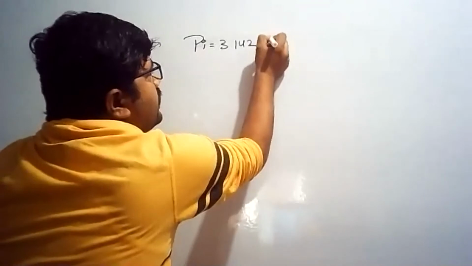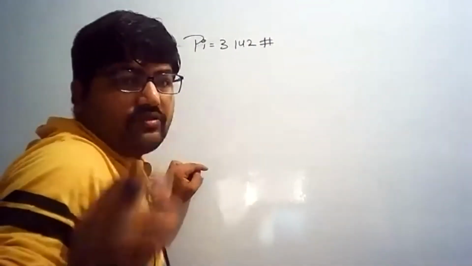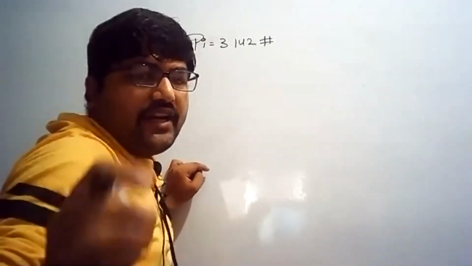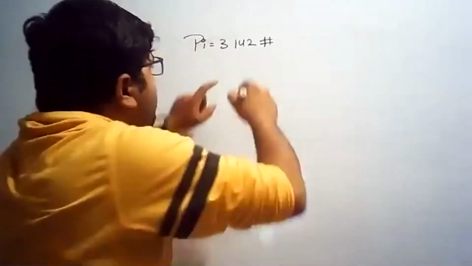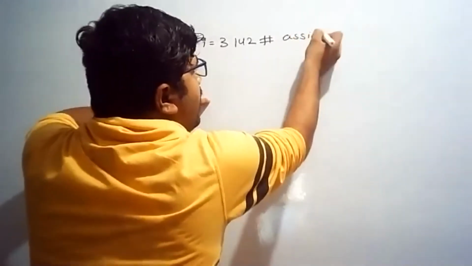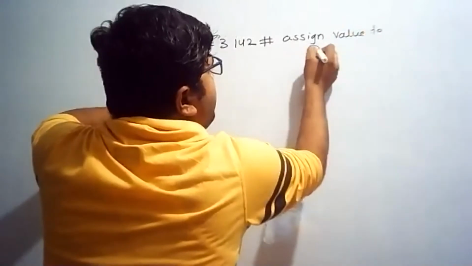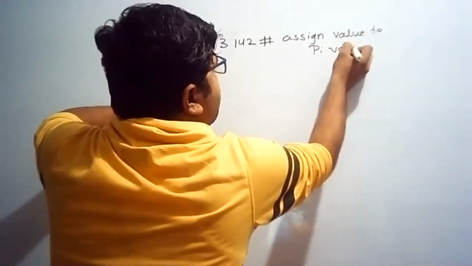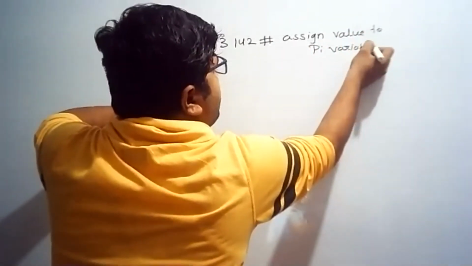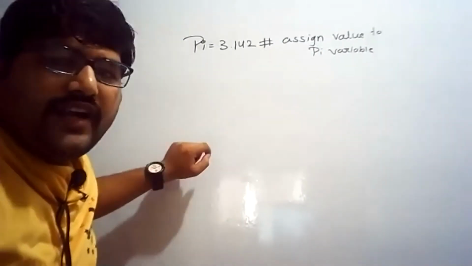Write a comment first. Commenting is a very big thing to achieve the marks also. You need to write a comment: assign value to pi variable. After pi, what do I require?